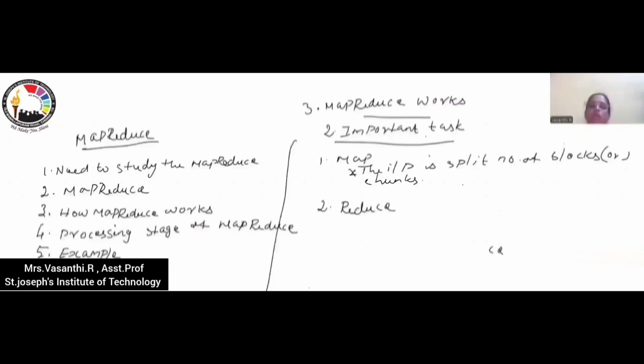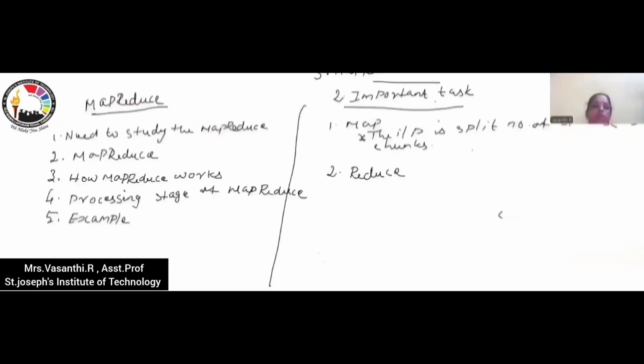Okay, so the next one, the reducer function. The second one is the reduce function. The reduce function takes the output from the map function as an input, that is, the intermediate key comma value pairs. It combines those values with the same key to finally produce the final output.